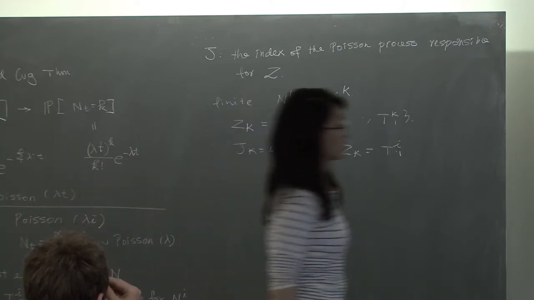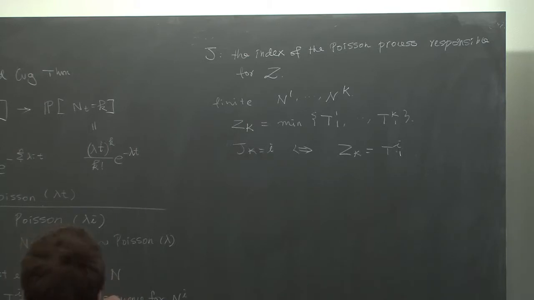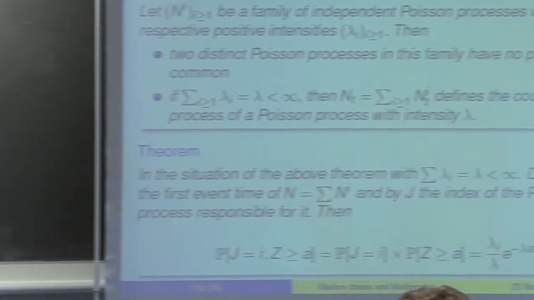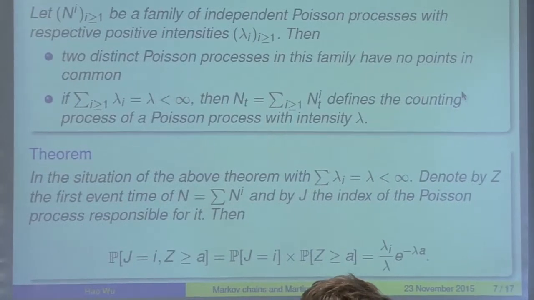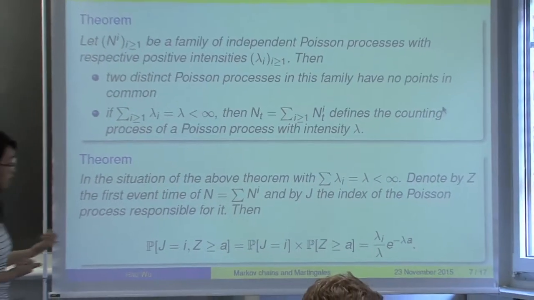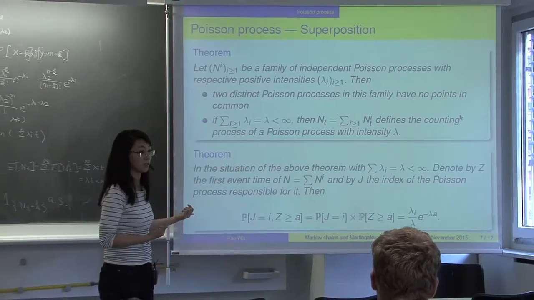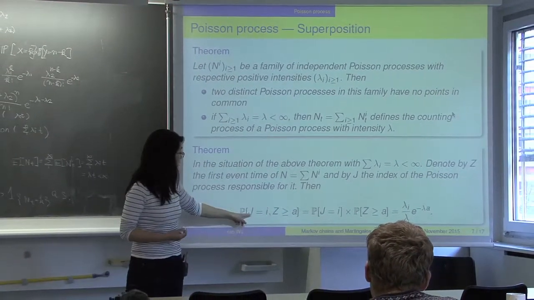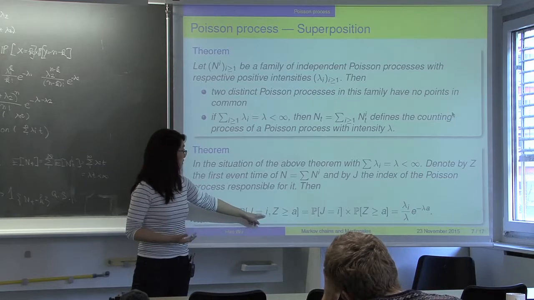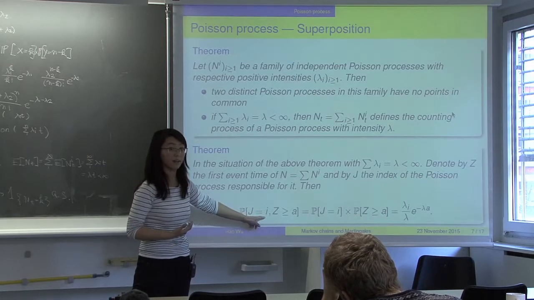And the conclusion is that these two random variables are independent of each other. First, we assume Z is the first event time of the new process. In fact, this conclusion is very counterintuitive, because suppose we know that process i is responsible for the first occurrence.